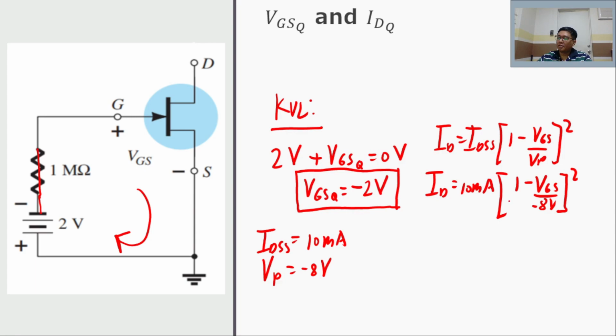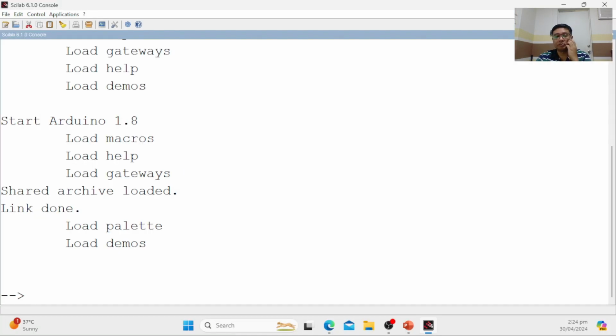This will be our working equation for Scilab. Let us now write the lines of code to define the characteristic curve of the JFET, and we can also plot the Q point, and we can also plot the load line of VGS equals -2 volts.